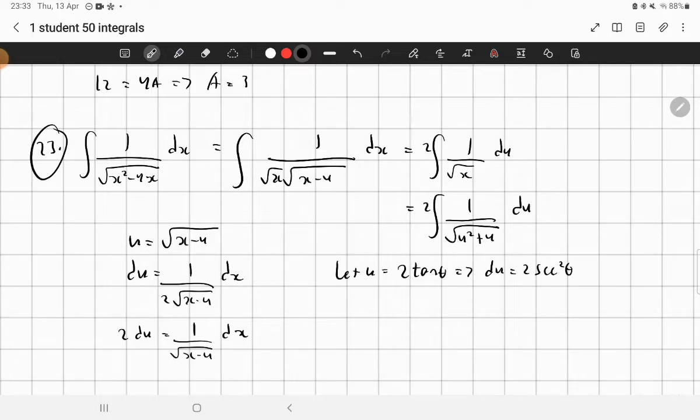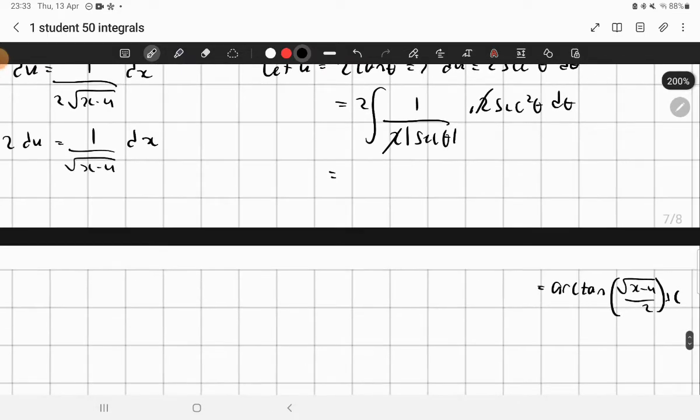And now what we are going to do is that by doing so, I'm going to skip a few steps, but basically you will have 1 over 2, the absolute value of secant theta times 2 times secant squared theta. Now by simplifying further, I had to mention about secant theta, I had to get rid of the bottom part here.